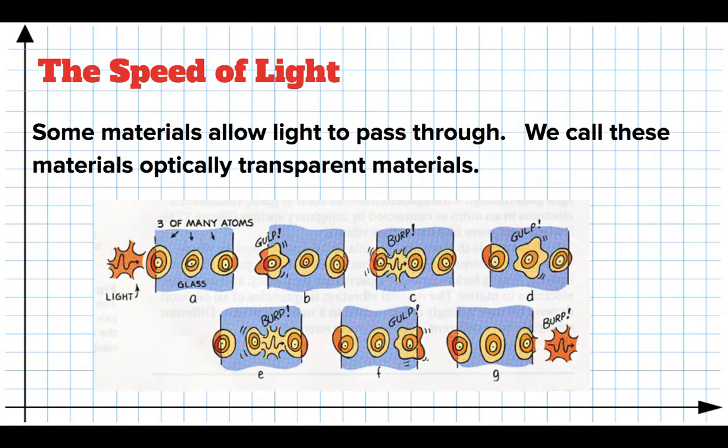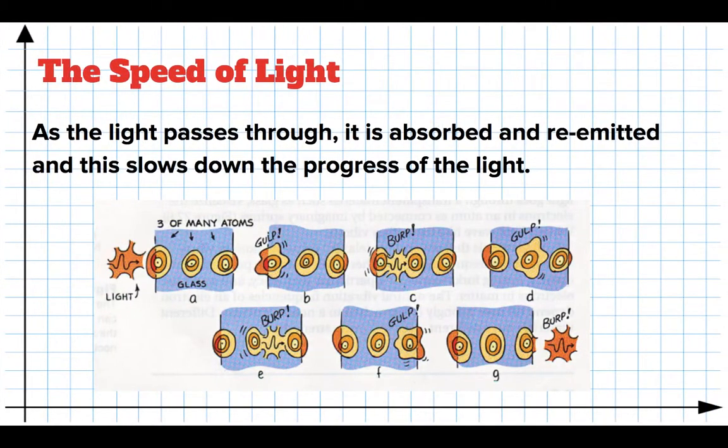So this process allows light to pass through some materials that have the right frequency characteristics, but in doing so, the light slows down, sometimes significantly. So we call materials that allow light to pass through them optically transparent, but they always slow it down. Because it's always slowed down, the speed of light inside of these materials is slower.